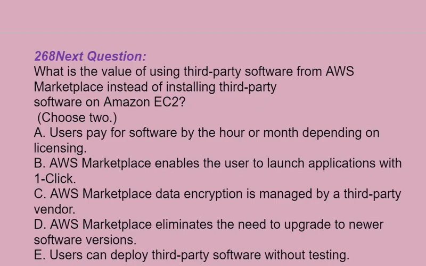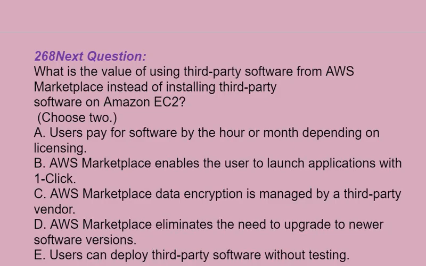Question is, what is the value of using third-party software from AWS Marketplace instead of installing third-party software on Amazon EC2? Choose two options. Option A, users pay for software by the hour or month depending on licensing. Option B, AWS Marketplace enables the user to launch applications with one click.